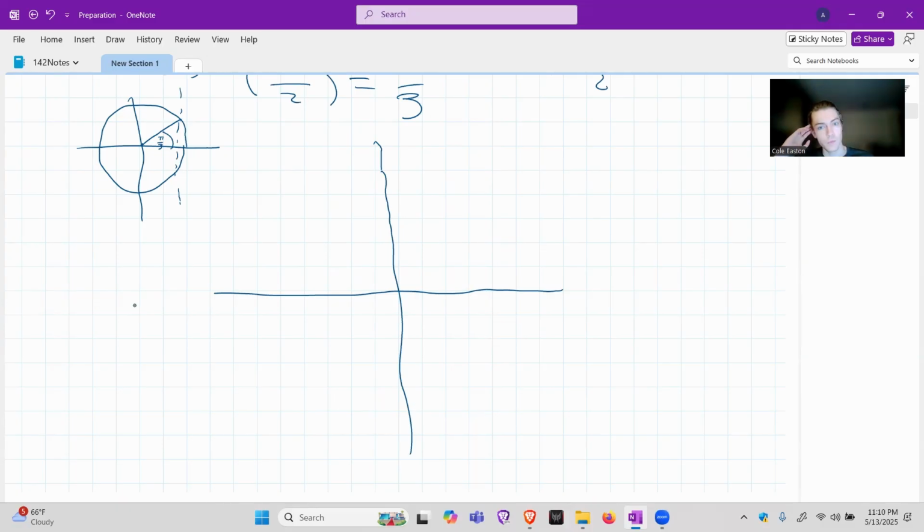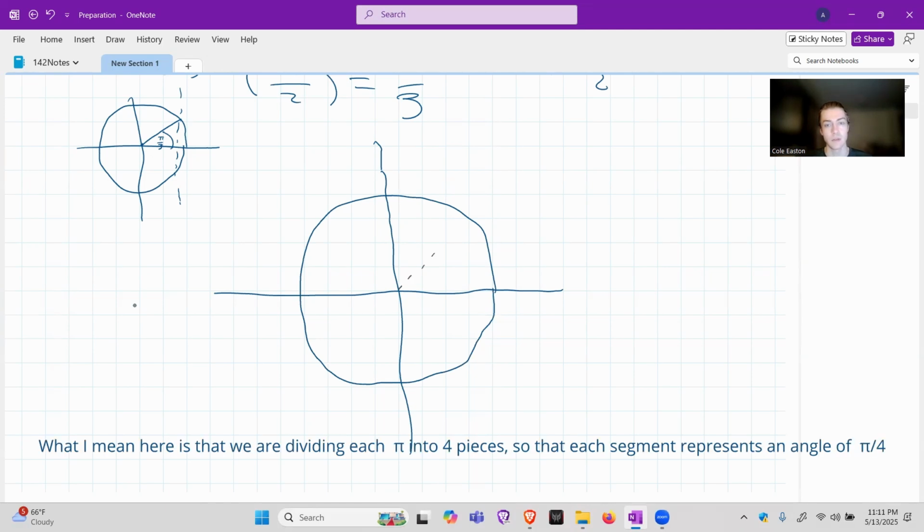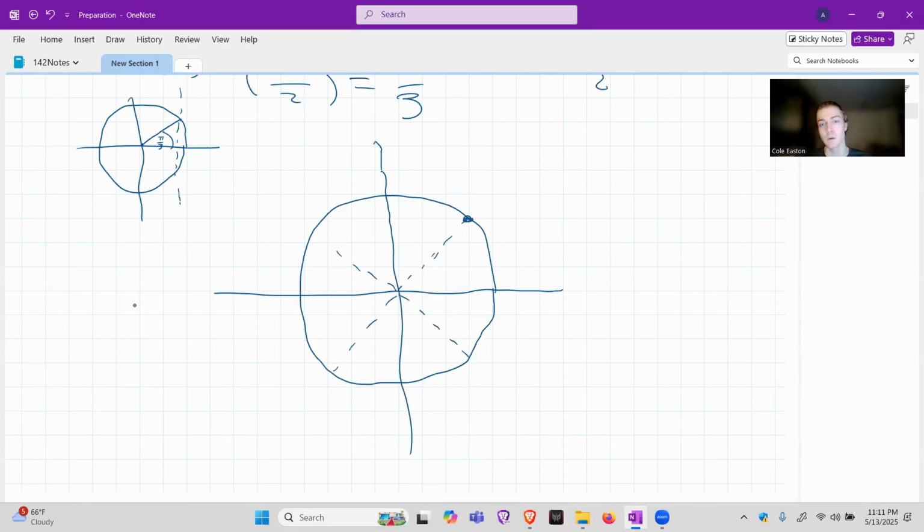So we can basically divide a circle here in two ways. The first way is we can think about it as being divided into quarters, like this. And I'm just going to remember one single point.